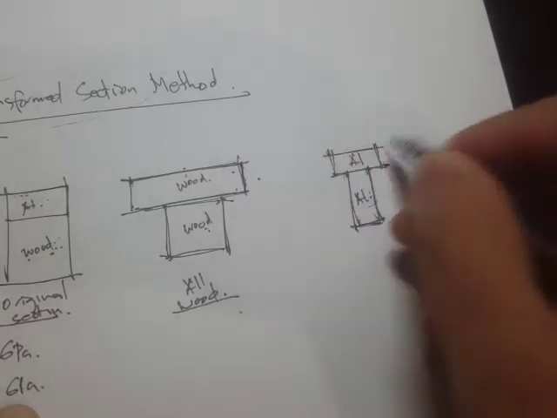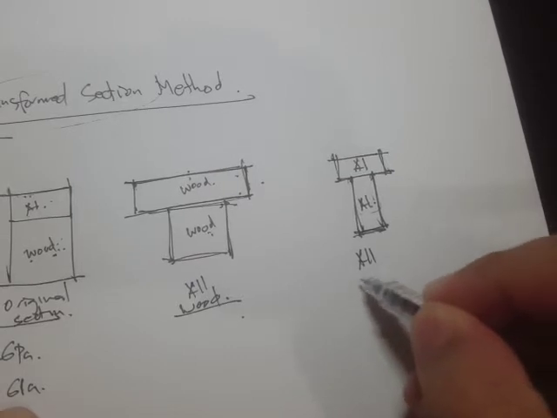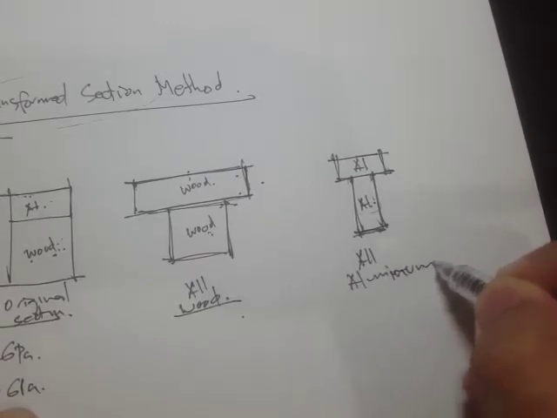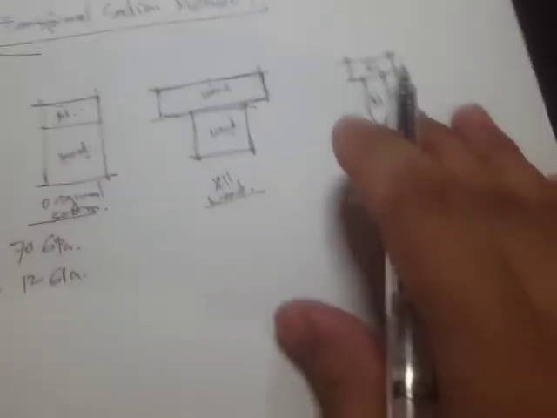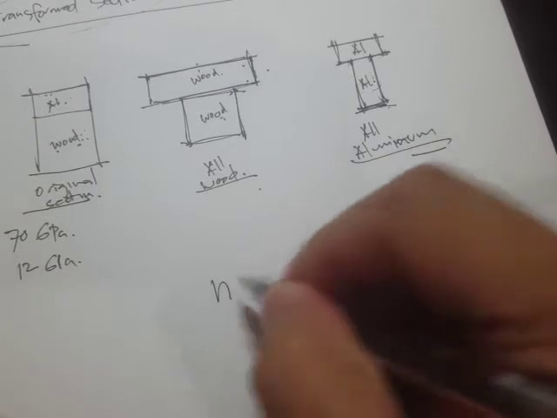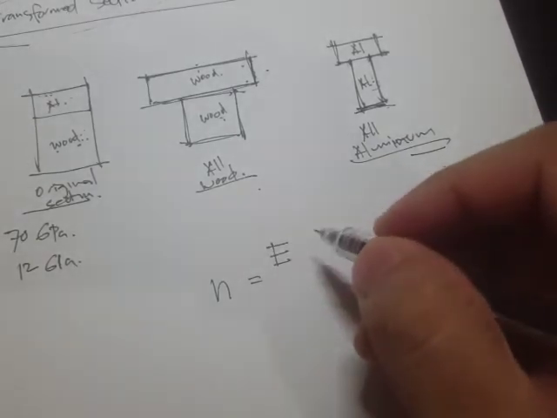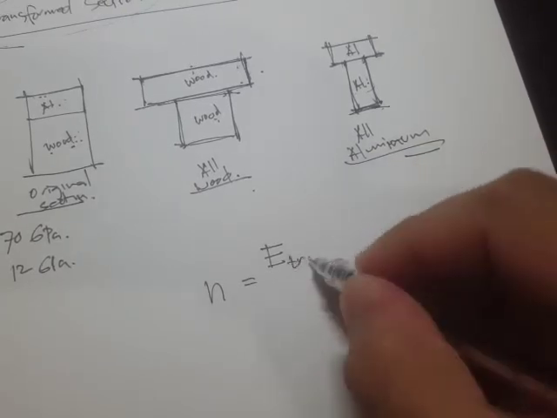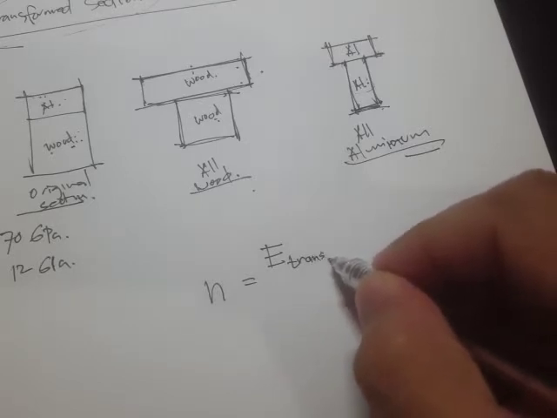Okay, so how do we know the width? All aluminum. How do we know how much width there would be? It is through the parameter called the modular ratio, which is simply the ratio of the modulus of elasticity of the material to be transformed to that of the reference material.